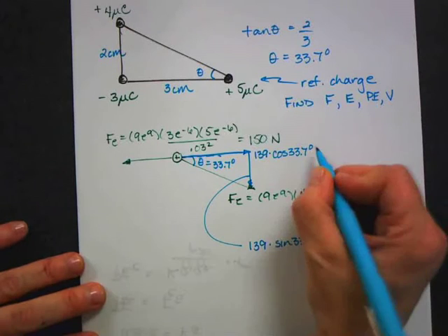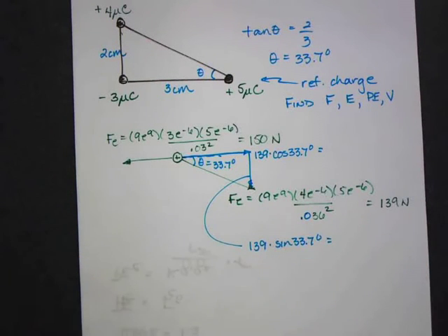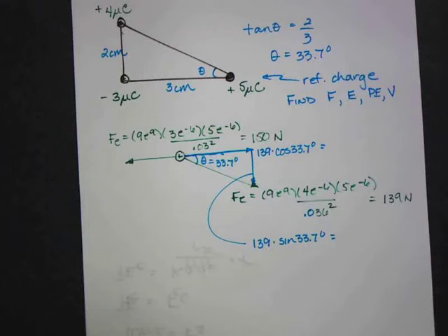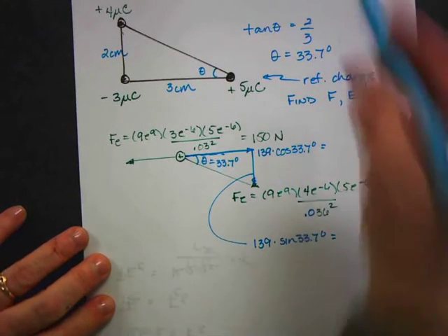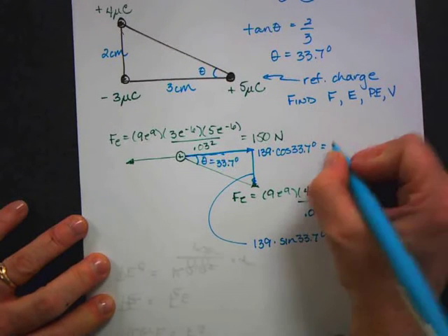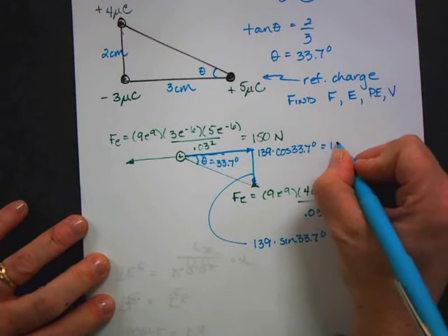You see what I'm doing here? Trying to get the vertical and horizontal components. I'm keeping an extra sig fig around here. Actually, I said 2 sig figs, but I'm going to keep an extra one until the last step.